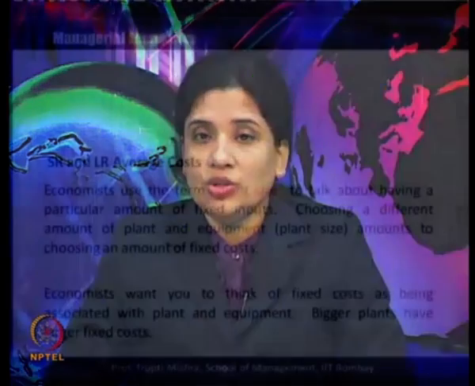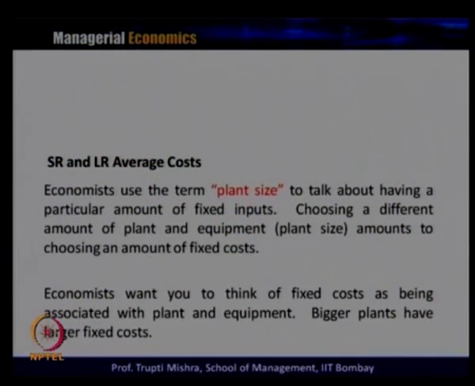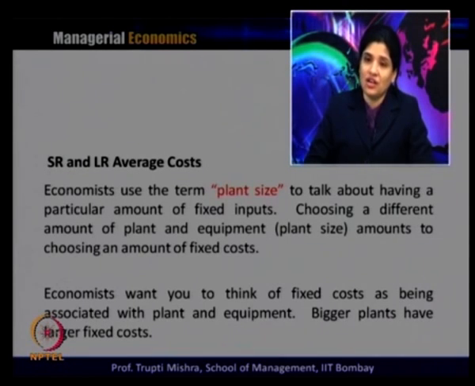When it comes to the economic analysis of the short run and long run, and how they are related to each other, economists use the term plant size to talk about having a particular amount of fixed input. So, choosing a different amount of plant and equipment, that is plant size, amounts to choosing an amount of fixed cost. If it is a large plant, obviously a large amount of fixed input is required.